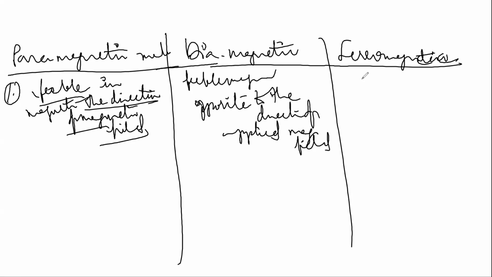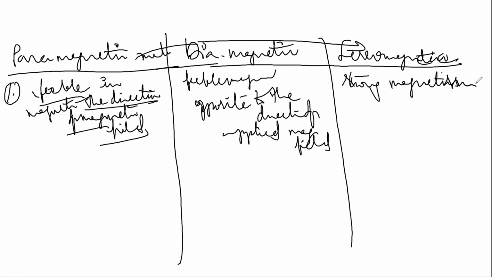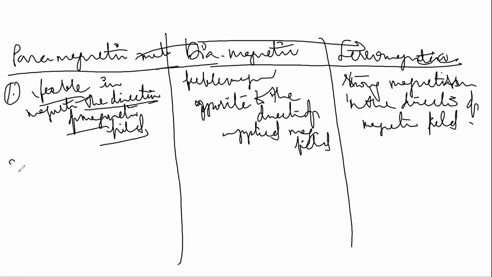Ferromagnetic is similar to paramagnetic but with high intensity, so we can write strong magnetism. Ferromagnetic materials are the substances which exhibit strong magnetic properties in the direction of the applied magnetic field. This is the first point we can discuss.